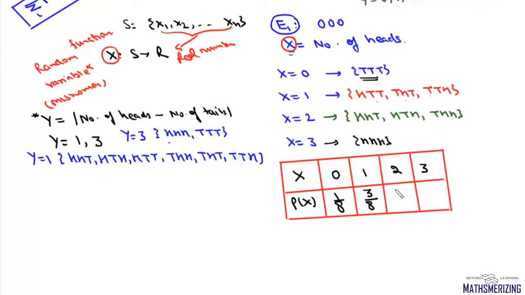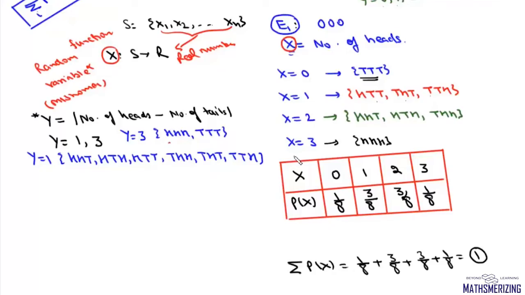For 2 also, it will be 3 by 8. And for 3 heads, it will again be 1 by 8. Now if we write the sum of all probabilities, it will be 1 by 8 plus 3 by 8 plus 3 by 8 plus 1 by 8, which is 1.